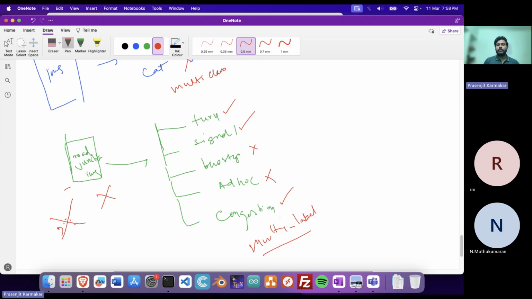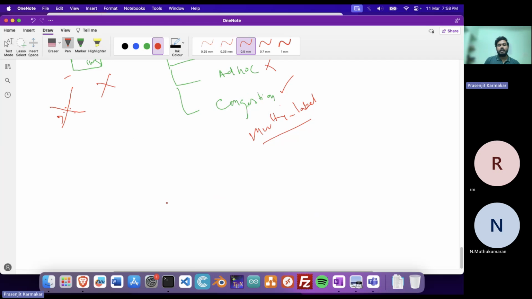Okay, so what is the approach for a multi-label and multi-class scenario? The general approach is, let's say there is an input X for a multi-class scenario. You give it to any model.